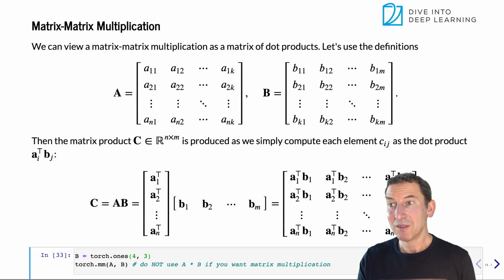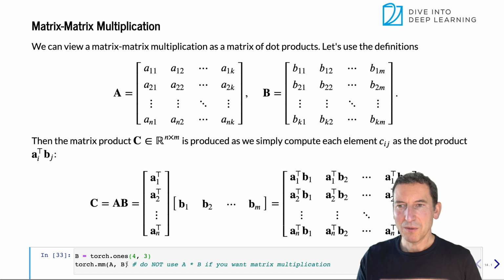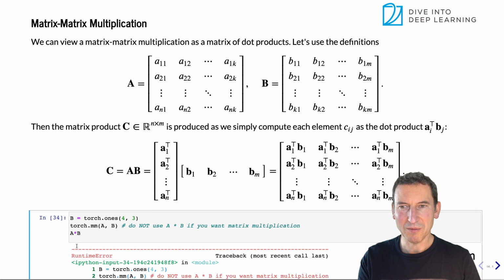So be super, super careful not to invoke A times B. Right. So A times B, let's just actually do this here. And what would happen is almost certainly that this will not work.